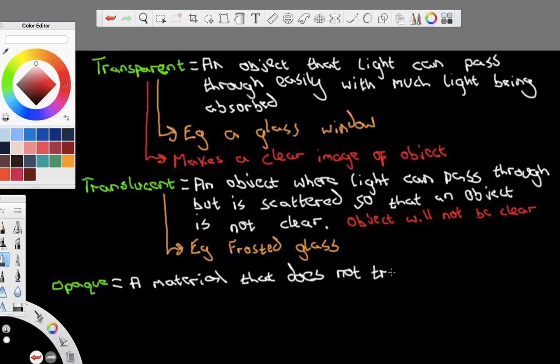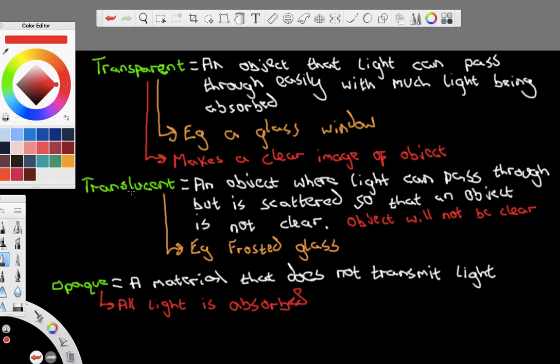What that means is that all of the light is absorbed by the object.